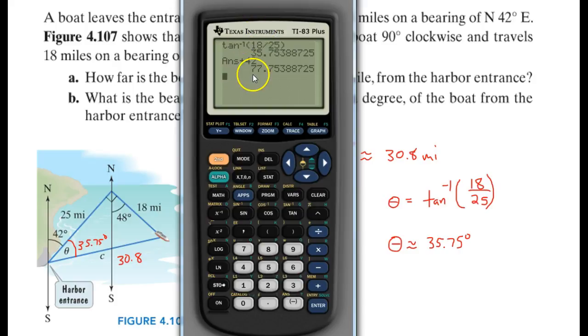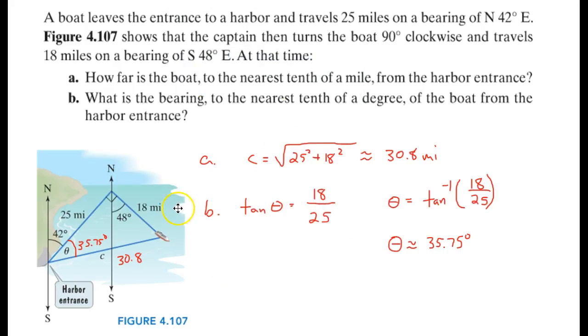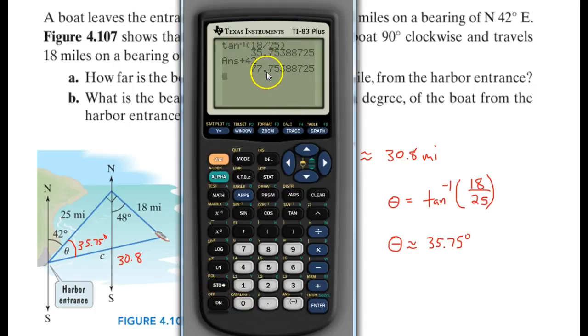So we're going to be north 77.8 roughly degrees east. Right, nearest tenth of a degree, so we rounded to the nearest tenth. So north 77.8 degrees east.